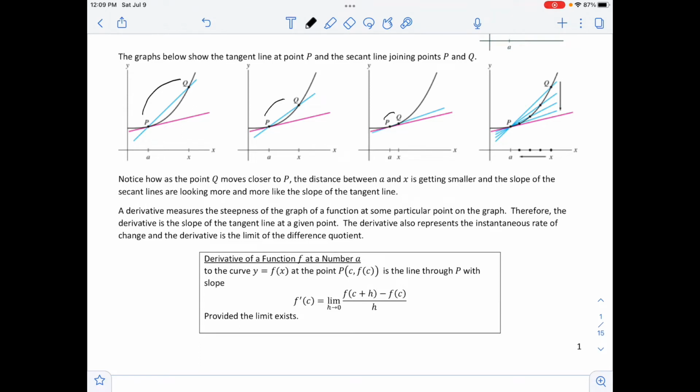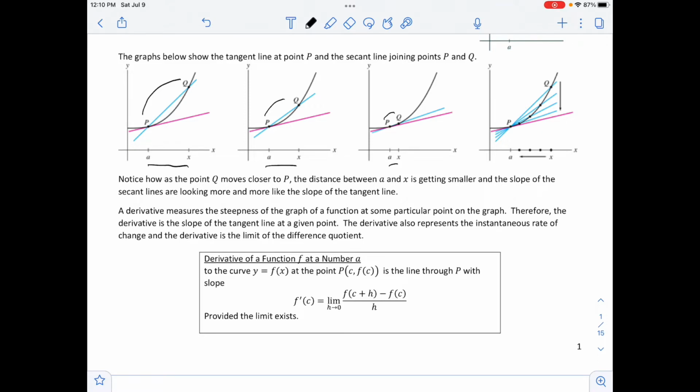And so with that said, it says notice how point Q moves closer to P. The distance between a and x, which is discussed down here on the x-axis, is getting smaller and smaller. And the slope of the secant line is looking more and more like the slope of the tangent line.